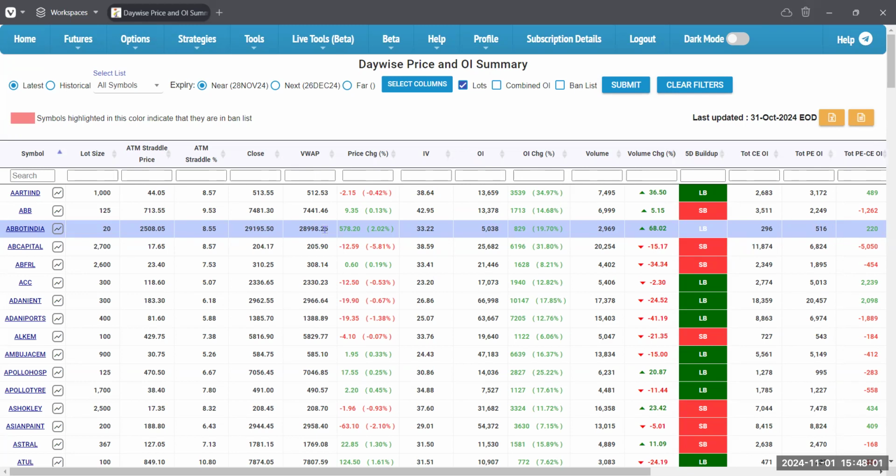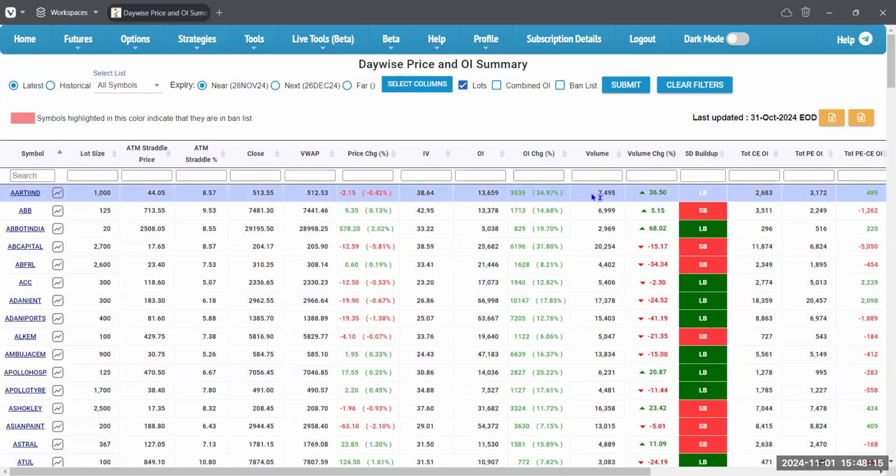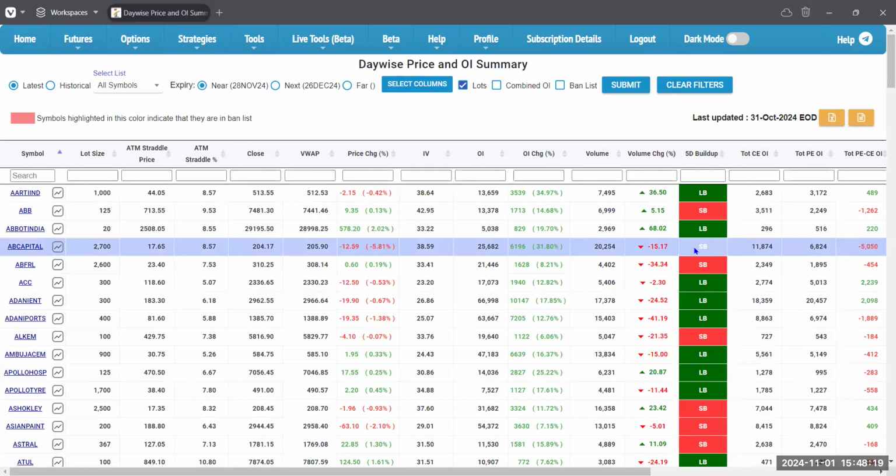Yeah, we have discussed this tool before also, and this is probably a very good tool for taking positional trades. The idea would be to scan based on either 5-day buildup or the days buildup, based on how long you want to take a position.